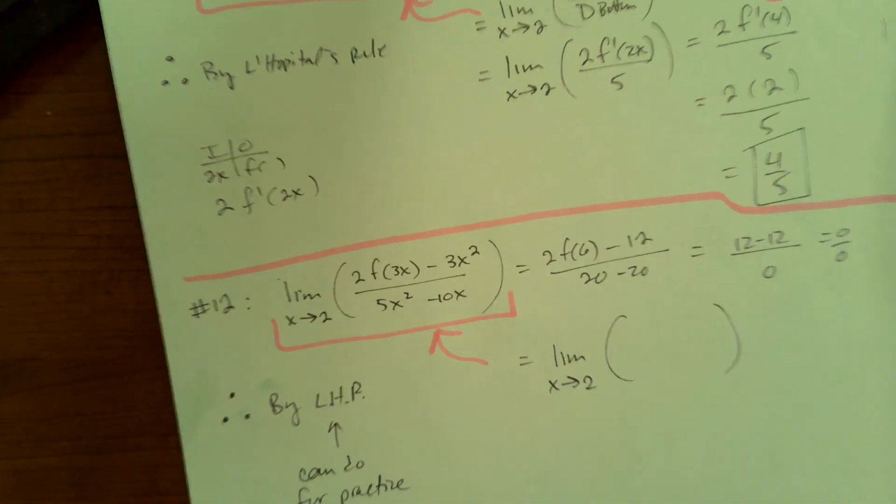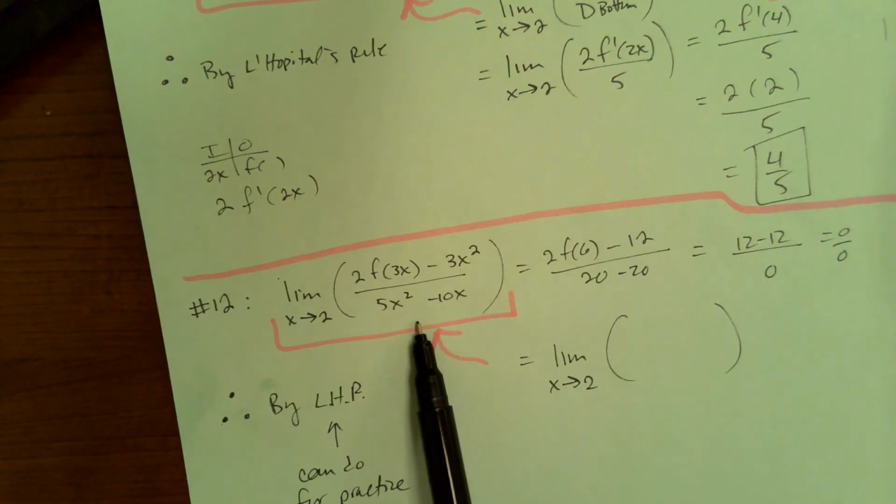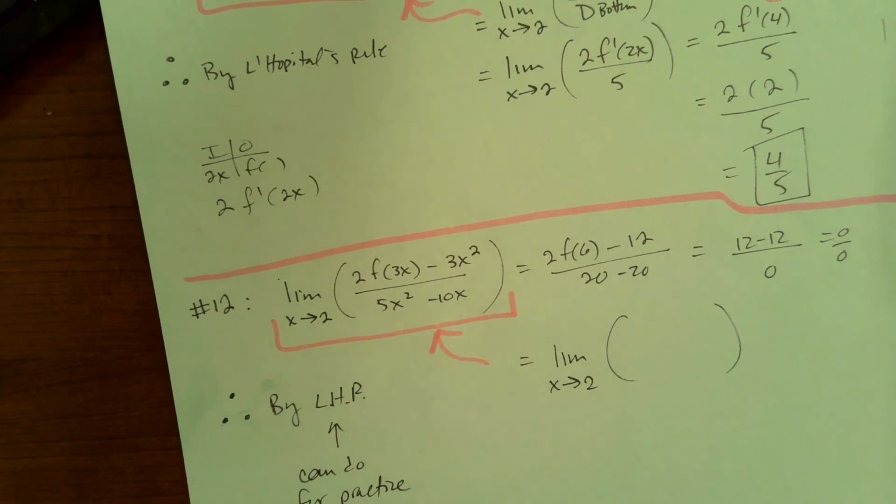I just want to point out that taking the derivative of the top over the derivative of the bottom is not the same as taking the derivative of the whole thing. To take the derivative of the whole thing, you would need the quotient rule. L'Hopital's rule is not taking the derivative of the function itself.